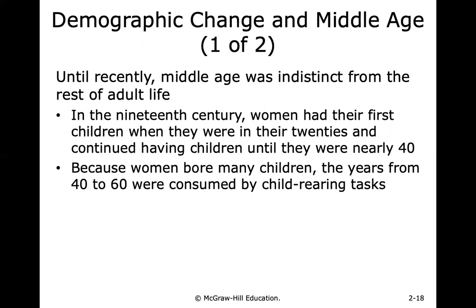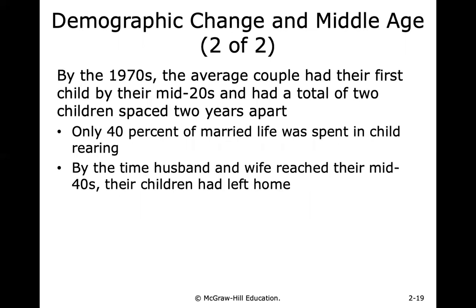multiple children up until they're 40. These individuals were already done having children by the time that they were in their 30s. So by the time they're in their mid 40s, their children had already left the house.